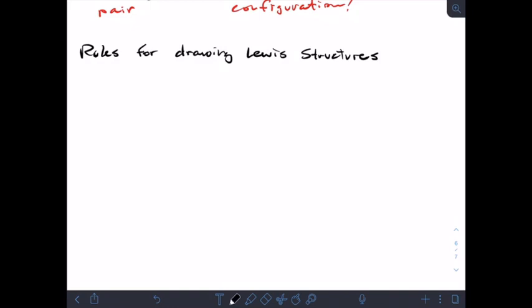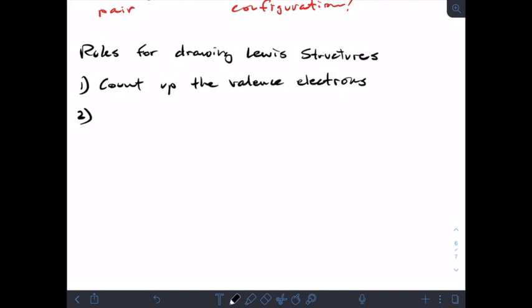Follow the rules. So, step one, and this is always step one with drawing Lewis structures: count up the valence electrons. Total the valence electrons for all of the atoms in your molecule, and make a total.